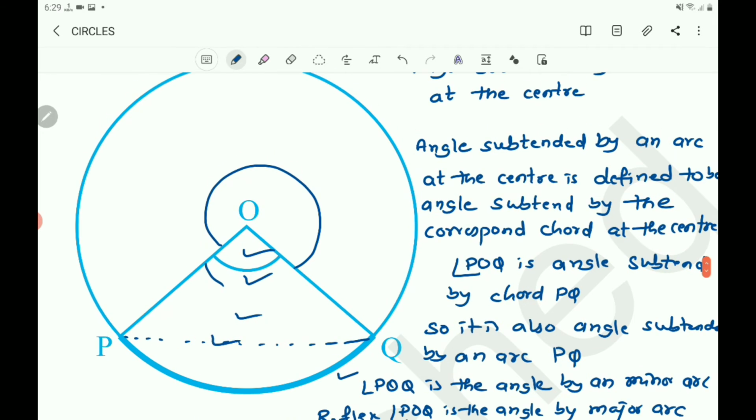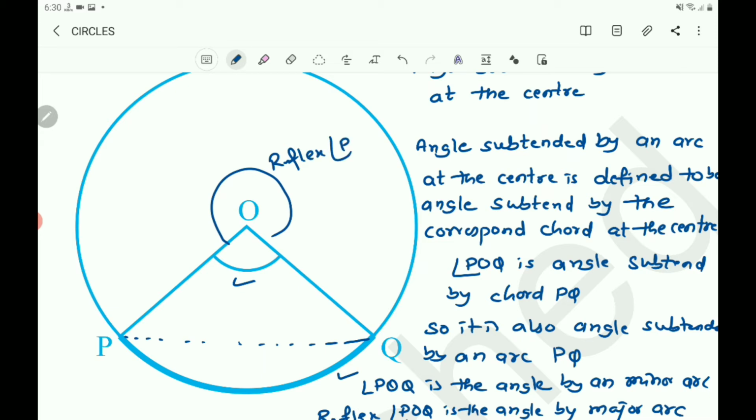So here if one arc is there, the other arc will be there; minor arc is there means major arc will be there. So you can have the angle and reflex angle. You know that this is the angle POQ and this is the reflex angle POQ. Reflex angle POQ is by the major arc and this is by the minor arc.